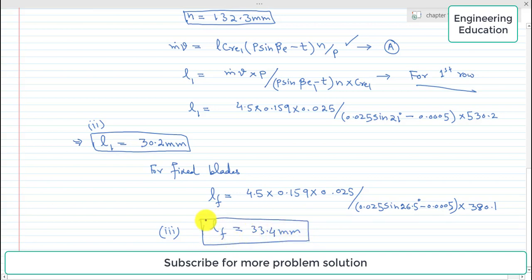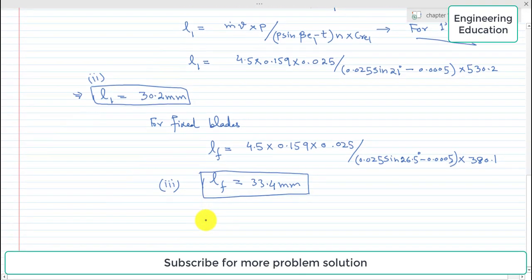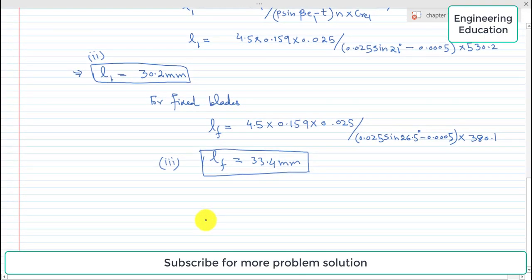Now also to find the value of blade exit height for the second row, again rewriting equation A for this.